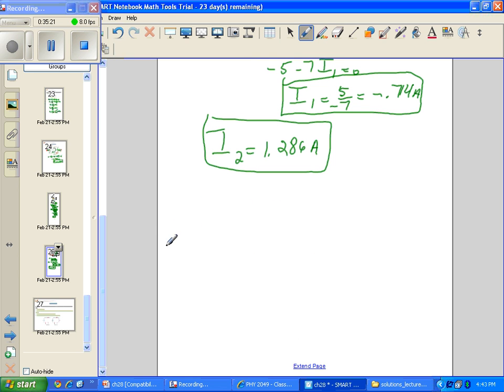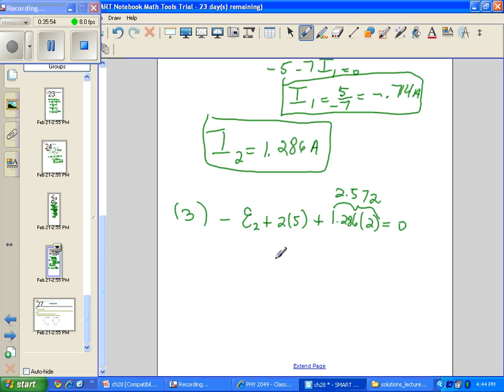We come to the bottom loop, or the third equation rather: minus E2 plus 2 times 5 again, plus 1.286 times 2 equals 0. Well, this right here gives us a value of 2.572.